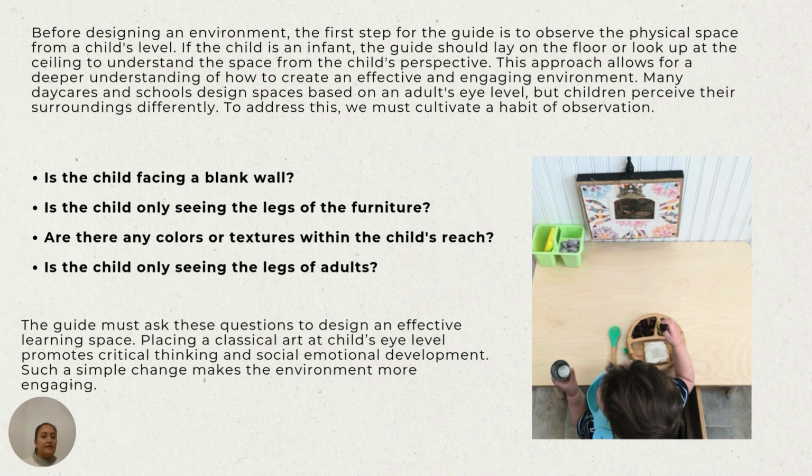Is the child facing the blank wall or the legs of the furniture? We have an ability to change that. We have an ability to put something at the child's eye level which would promote critical thinking and social emotional development, or would promote exploration with their senses and make the environment as engaging and effective for learning as possible.